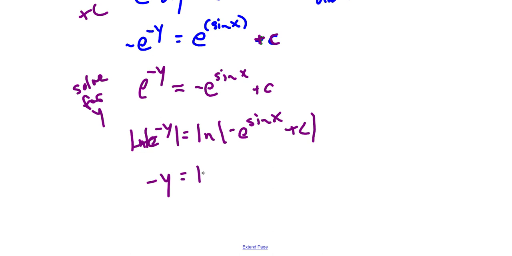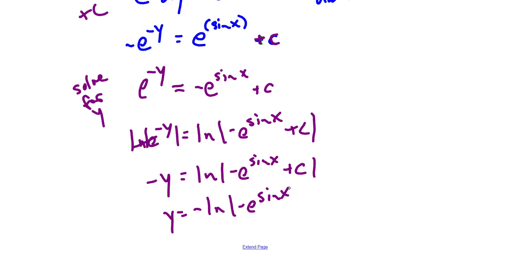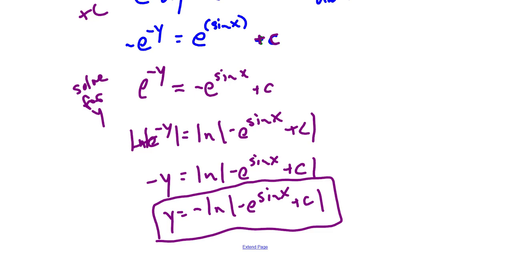Negative y equals natural log of the quantity negative e to the sine of x plus c. And then we have the opposite negative, so we have y equals negative natural log of negative e to the sine of x plus c. There, my friends, is your solution for this particular differential equation.